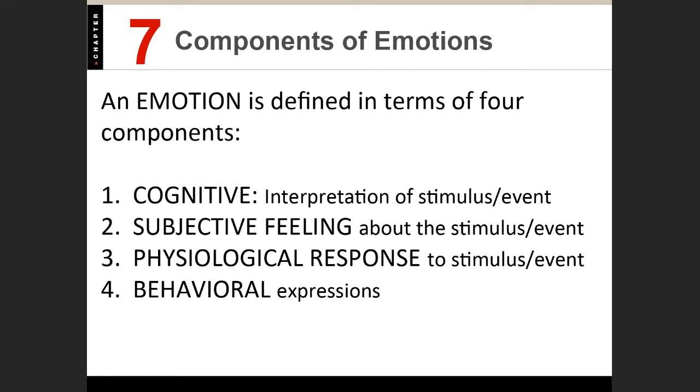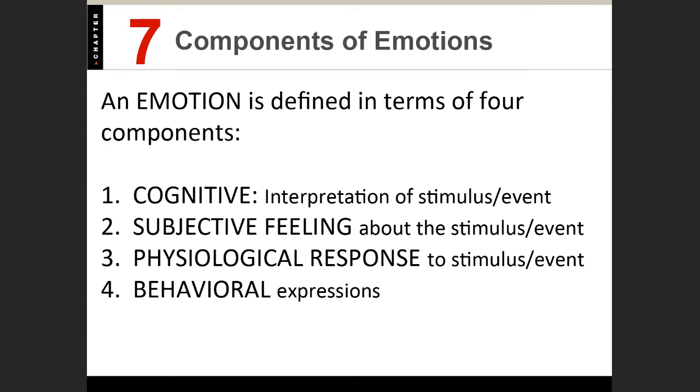So your cognitive component, that's whatever you interpret a stimulus to mean for you, and it's real similar to the sensation and perception chapter, where the perception is what you actually interpret a signal or a stimulus is. And then your feeling is what you label something as.